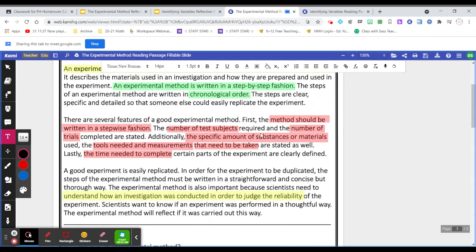So those are some things. Let's go back and check. You had written in a stepwise fashion. What else do we want to include?